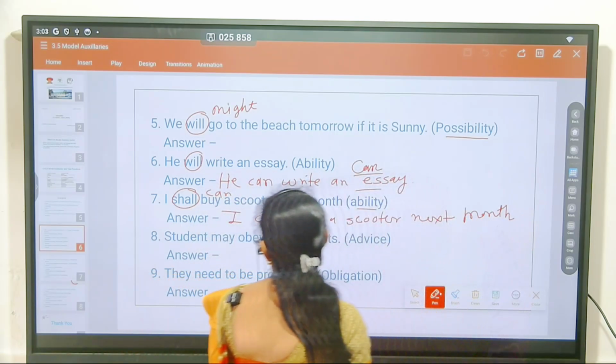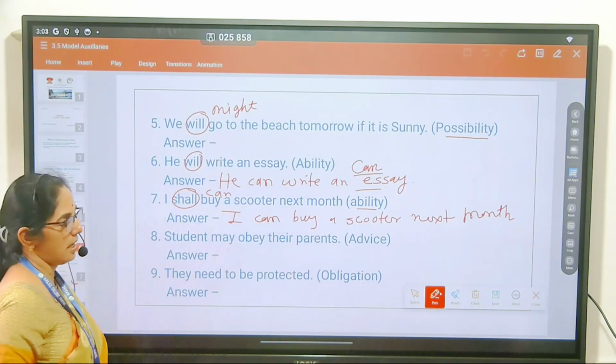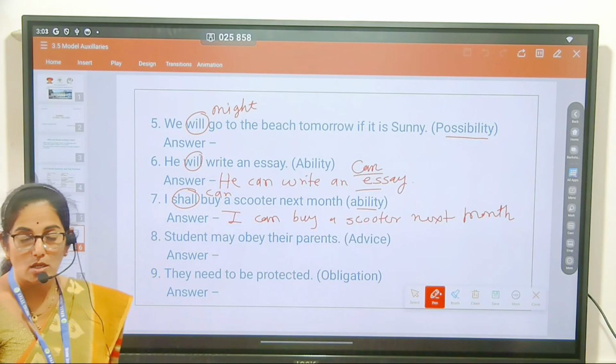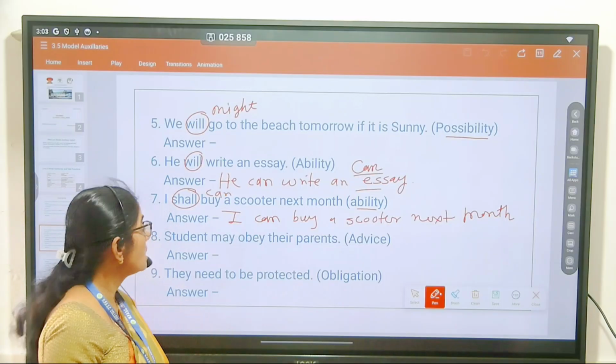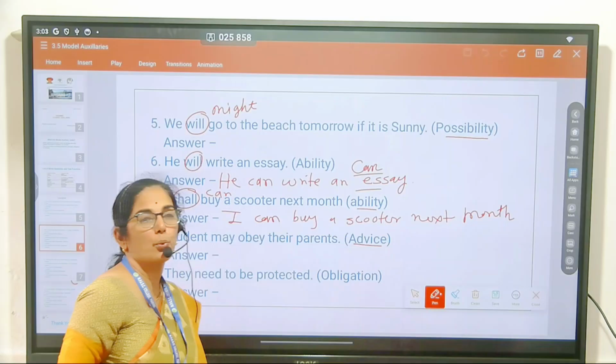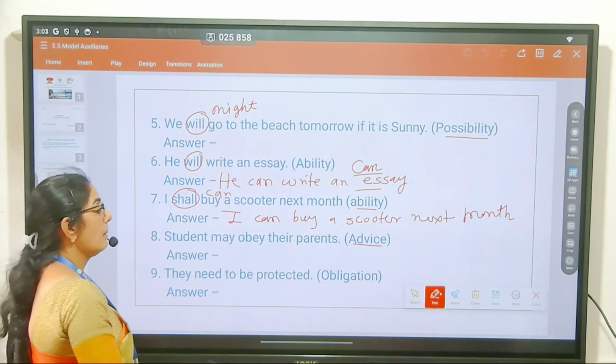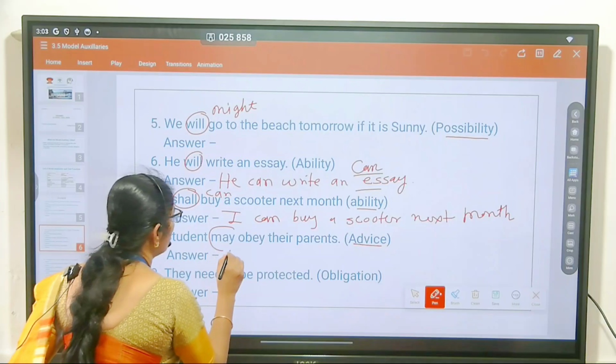Got it? Now see the next sentence. Students may obey their parents. Here you have to give advice, and for advice, the modal auxiliary is should. So remove this may.